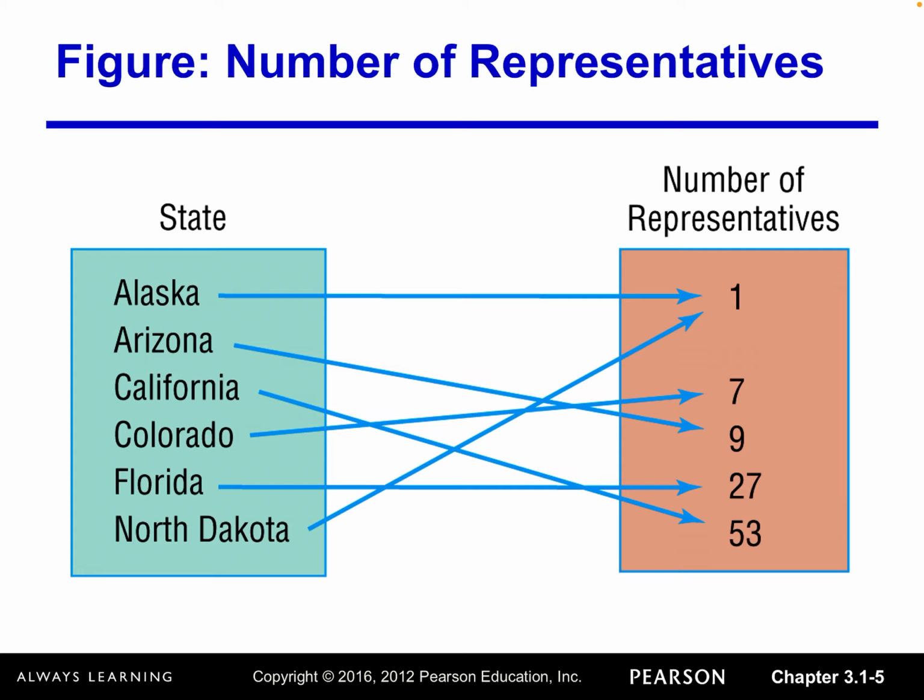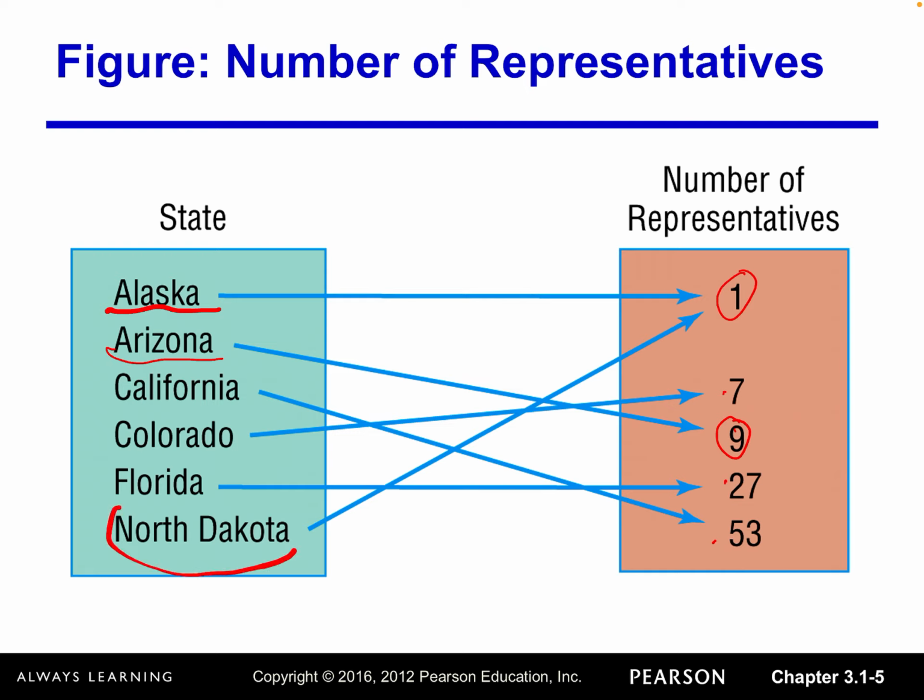What about this map? The left-hand side is the name of the state, the right-hand side is the corresponding number of representatives. So let's see if every element in x pairs with exactly one element in y. Alaska has 1 representative. Arizona has 9, California has 53, Colorado 7, Florida 27, North Dakota 1.